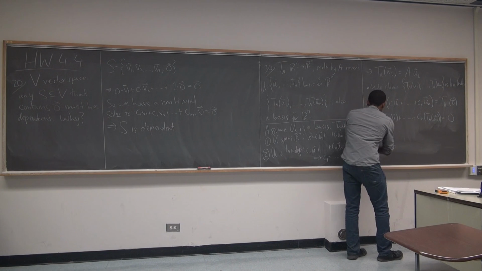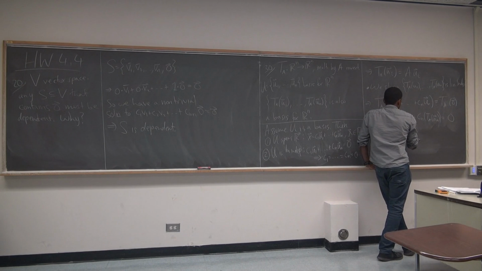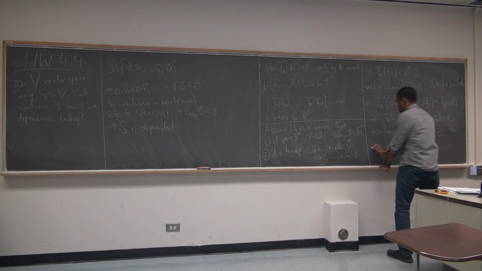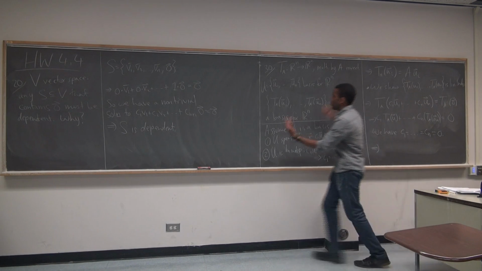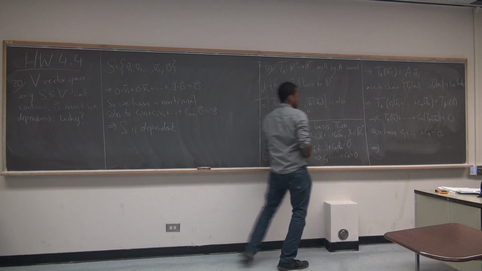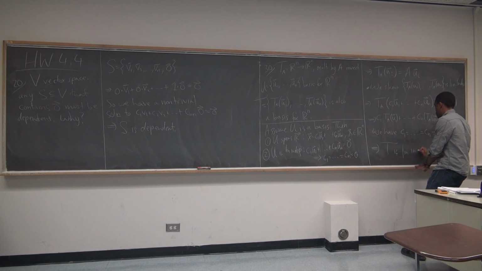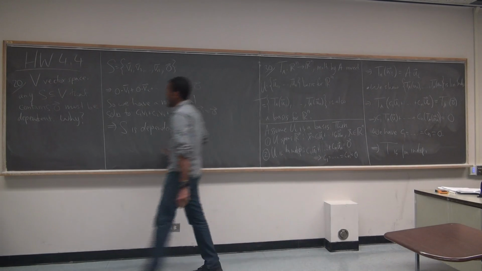And notice that c1 to cn must be 0. This means, let's call this set B, that B is linearly independent.